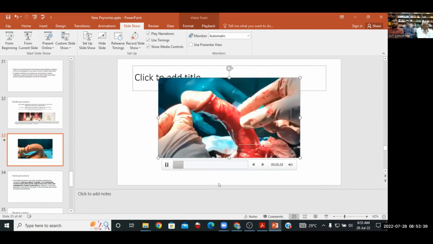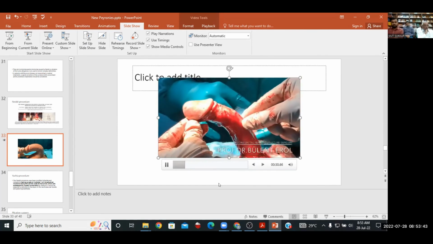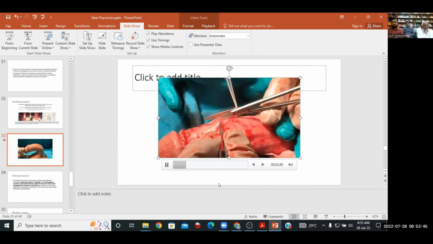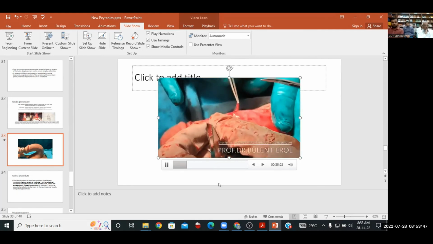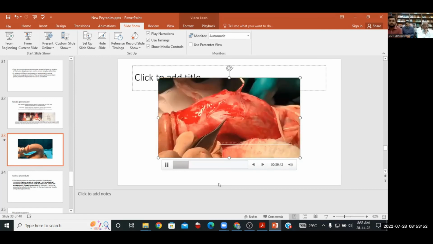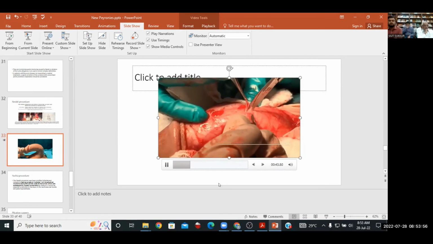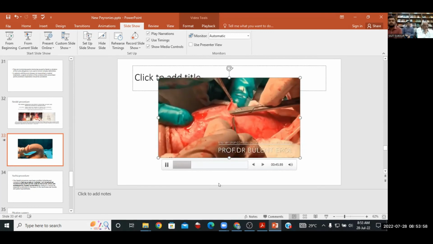Now artificial erection is done, and there's a maximum curvature, and now they are incising the Buck's fascia. Still Buck's fascia.